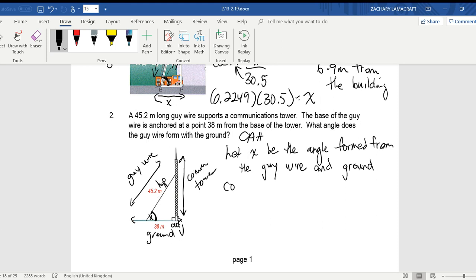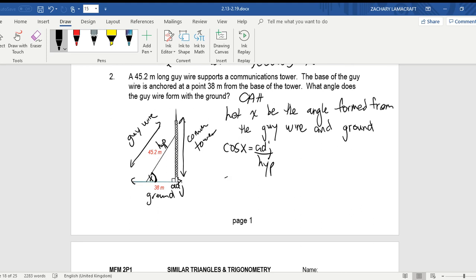And we can begin putting the puzzle pieces together. So it'd be cos x equals adjacent over hypotenuse. We know cos x is actually going to stay because we have the unknown of the angle, and our adjacent being 38 and 45.2 being our hypotenuse.